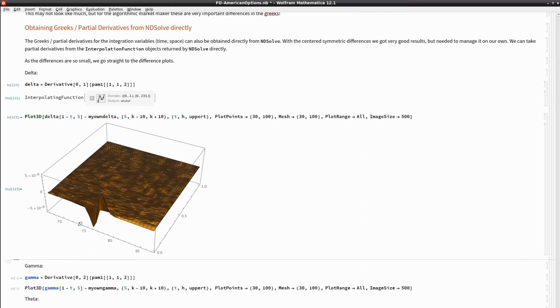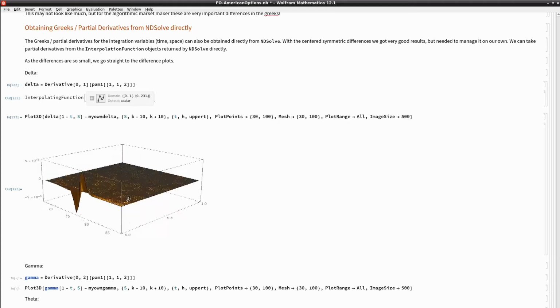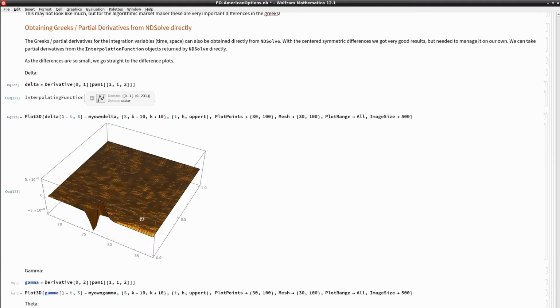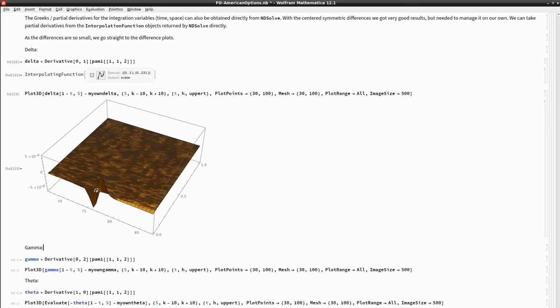Then we get basically white noise, right? Dirt. I call these things sometimes dirt. We go from 10 to the minus 8 to plus 10 to the minus 8. So this is basically just dirt. So there is no difference. We have a bit of a difference here. I believe this is due to the fact that I use centered symmetric differences, but that's only valid for interior points, and at the border you can't really use interior points.